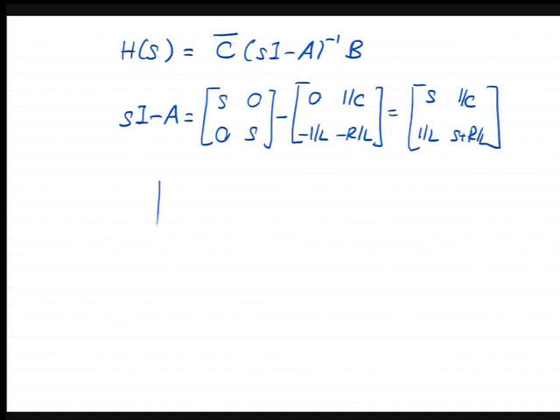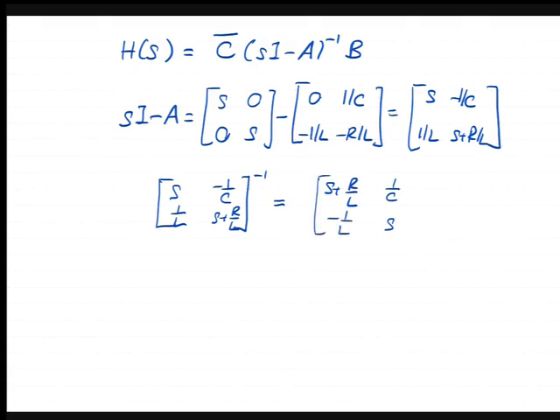So what's the inverse of a 2 by 2 matrix? What's the trick? Good job. So s plus R over L, s, and that becomes positive, and this becomes negative, right?